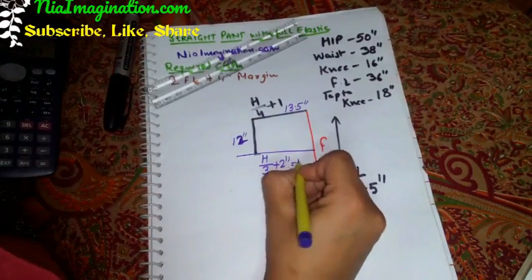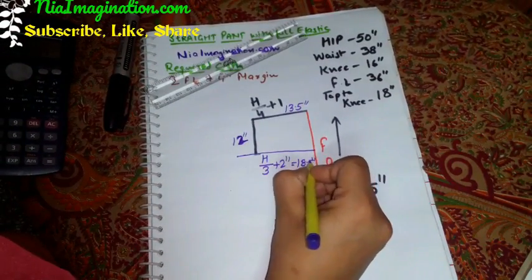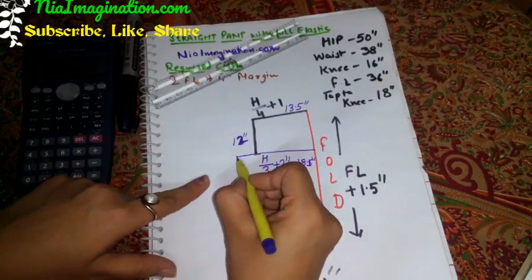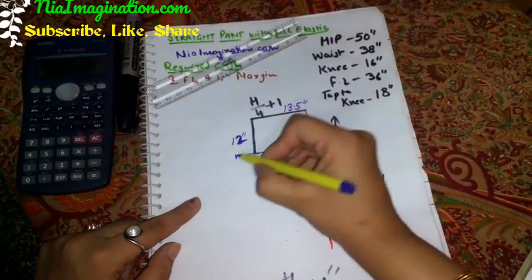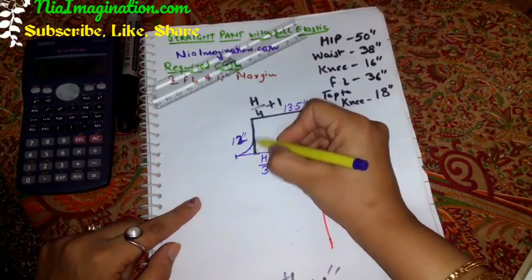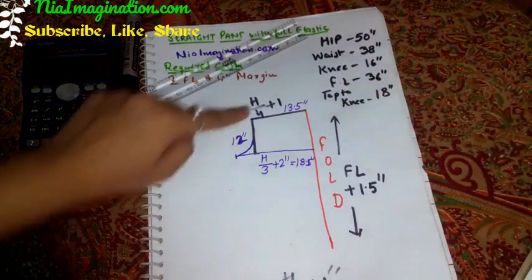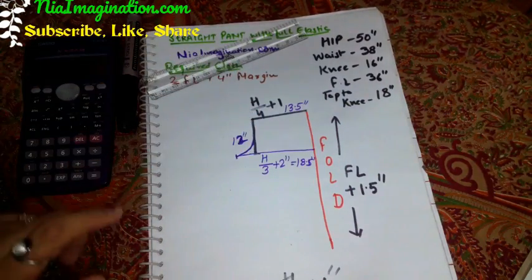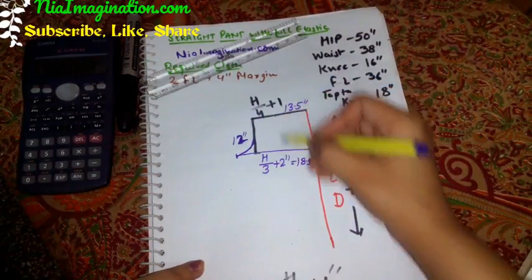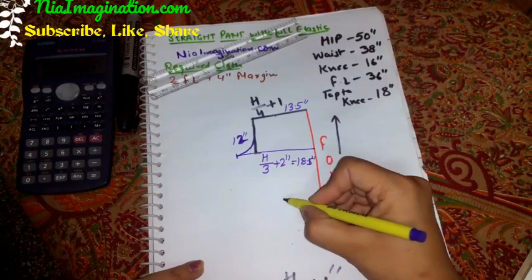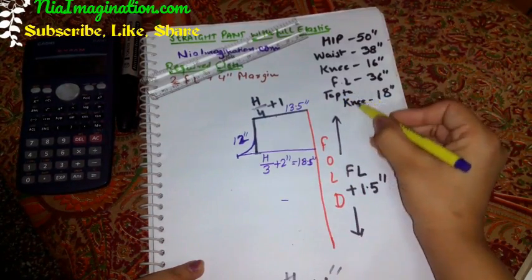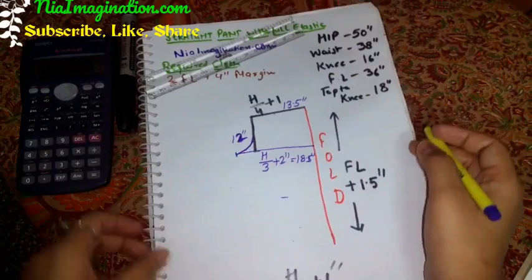So I will write here 18.5 for hip divided by 3 plus 2 inches. This is how these measurements are coming. So from here I am giving this shape of crotch, this is the inverted C shape for the crotch part. Now from top till here you are going to measure the knee length, top to knee. So this is 18 inches in my case.